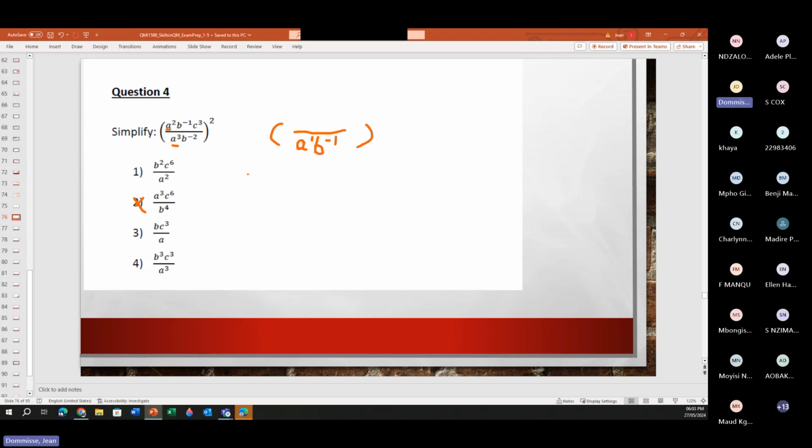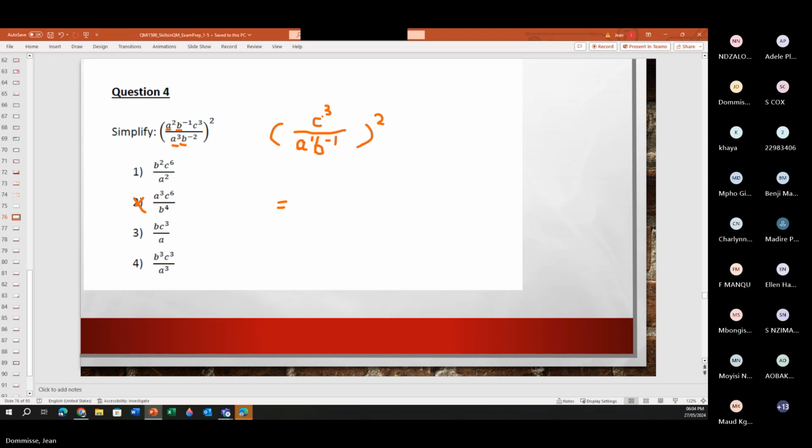Okay, b minus 1 can still turn upside down, so that's fine. So we've got the b's sorted out, and then there isn't a c at the bottom, so at the top, c to the power of 3. So we've got a c at the top.